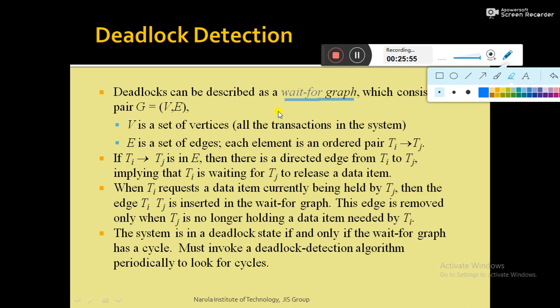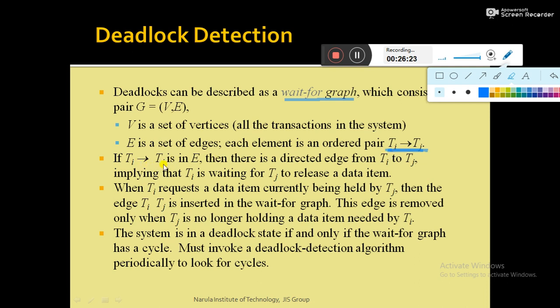And the wait-for graph, like any other graph, is represented in the form of G = (V, E), where V is a set of vertices and E is a set of edges. Here V represents all the transactions currently executing in the system, and E is a set of edges represented in the form Ti to Tj. When can we write Ti to Tj?